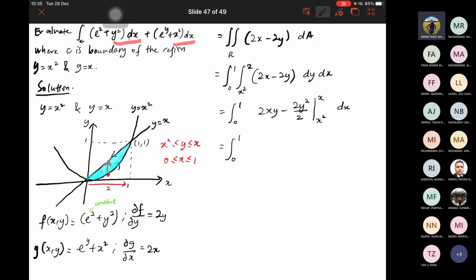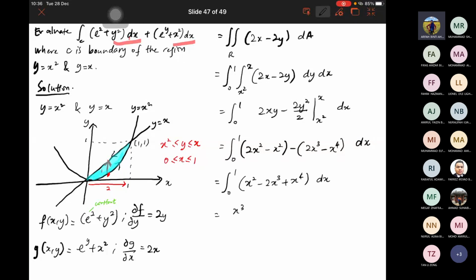Okay, 0 to 1, 2x kuasa 2 tolak x kuasa 2, ditolak dengan 2x kuasa 2 tolak x kuasa 4 dx. Okay. So integrate from 0 to 1, x squared minus 2x cubed plus x kuasa 4 dx.